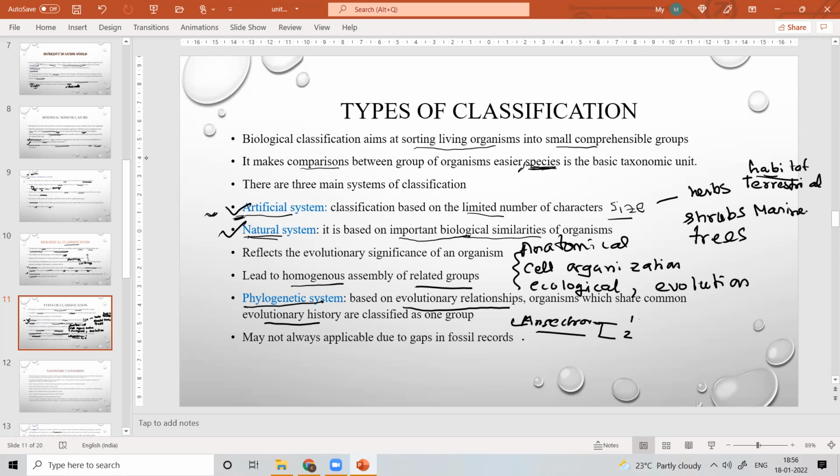If there is a gap in the fossil record, that means the fossils are not found, the common ancestry is not found, then it is not possible to classify organisms by the phylogenetic system. That is one of the demerits. So basically, all organisms present on Earth cannot be classified by this phylogenetic system. So that is the phylogenetic system of classification.